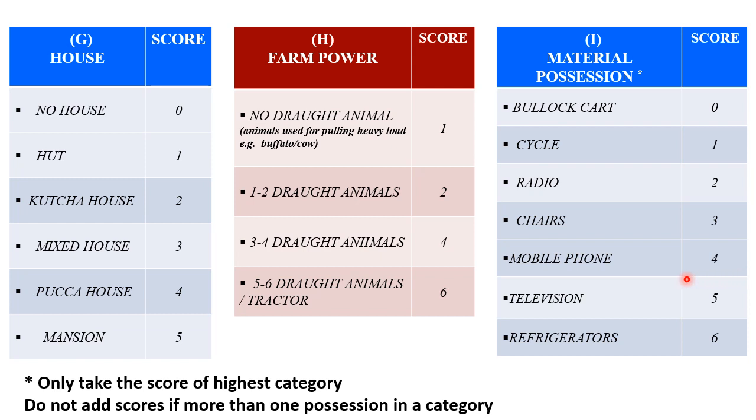If we add the score of each mobile phone, then this subgroup will have more impact on socioeconomic status. It will dominate and the effect of other categories will be minimized. So we take only the score of the highest category and do not add the score if there is more than one possession in each category.